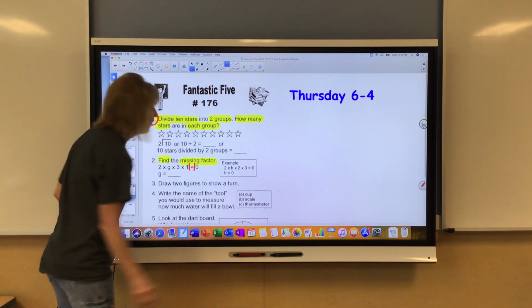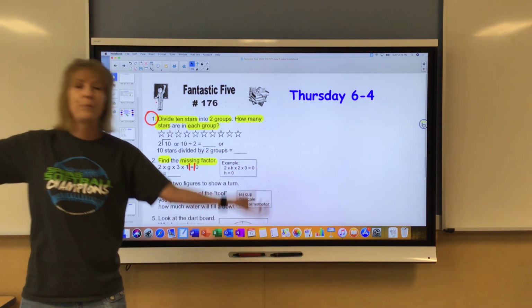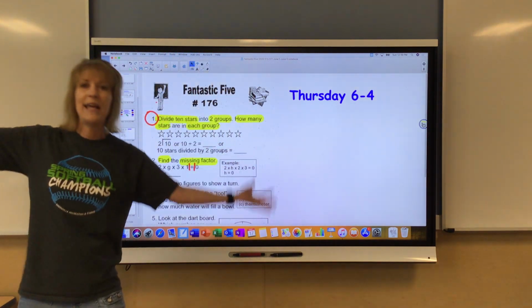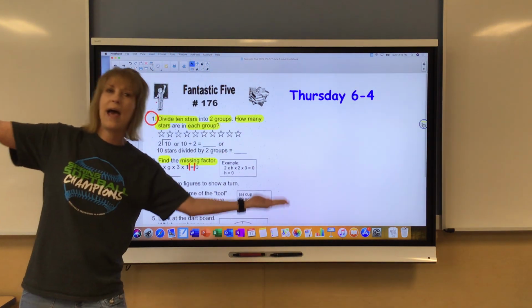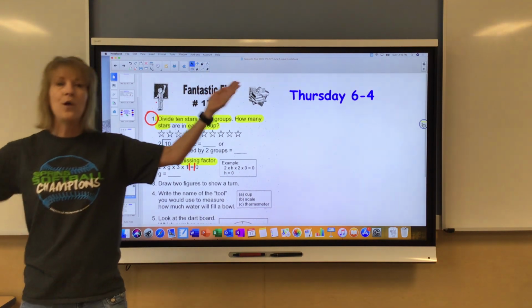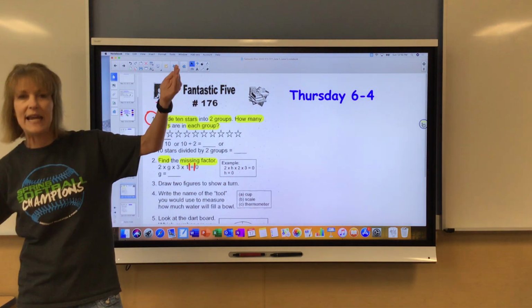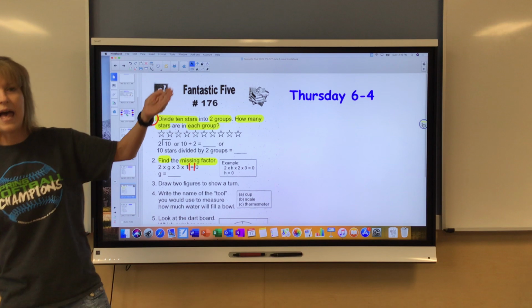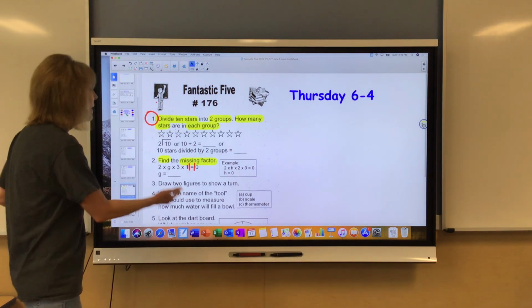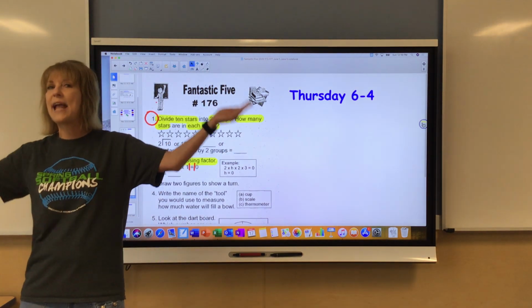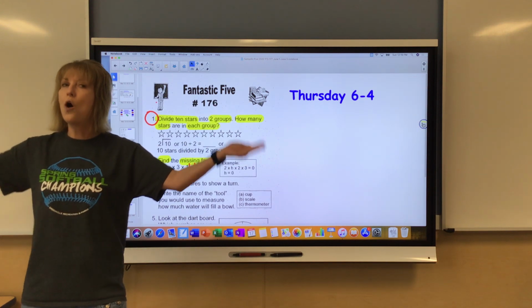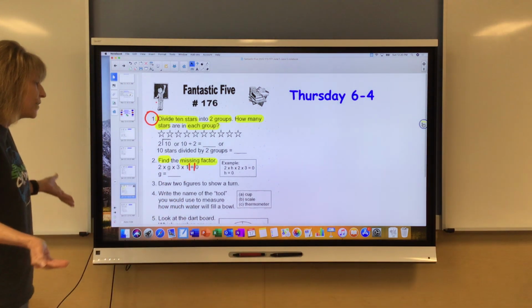I'm going to draw my verticals because I know both sides of the equal sign have to balance. That means I have to have the same value on both sides of the equal sign.